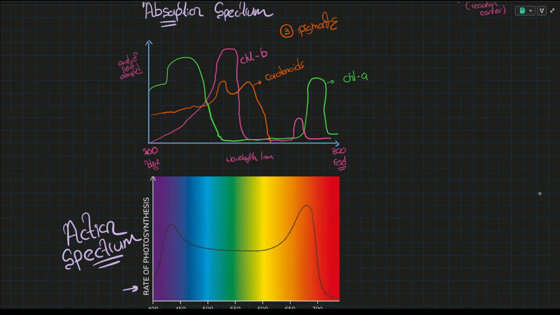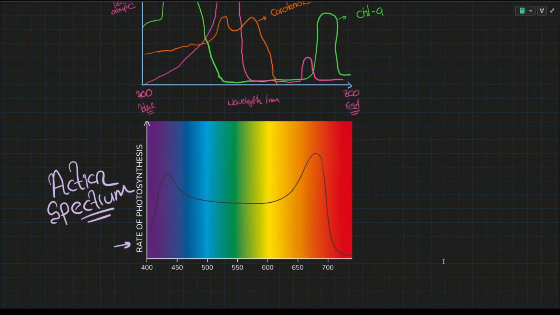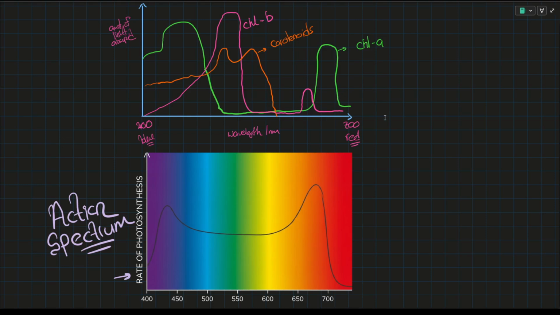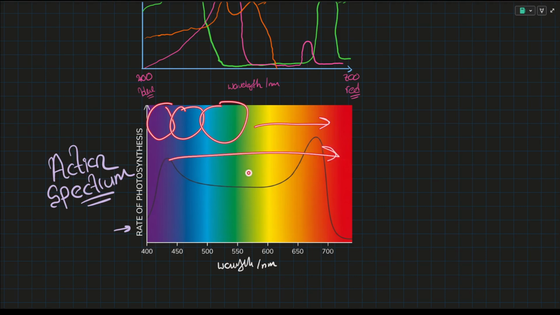The other is known as an absorption spectrum because we're measuring the amount of light absorbed. Here we are straight away measuring the rate of photosynthesis, and this graph is linked to the absorption spectrum. But how? I do not know why this axis is not labeled. Might have missed it. So rate of photosynthesis, and wavelength in nanometers. And this is going to give you a better idea. Do you see violet, blue, green, red? That is how it goes from left to right.